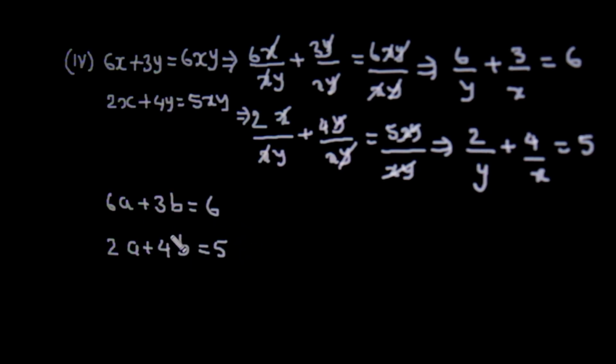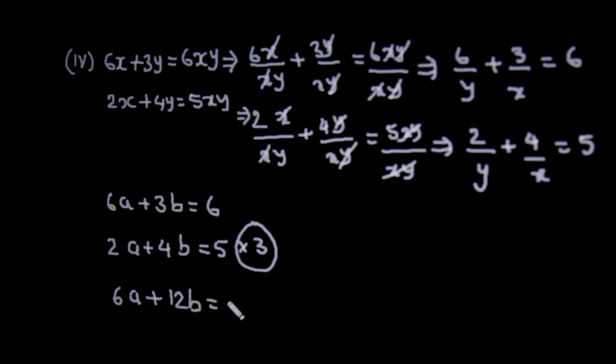That is not the end of the problem. You have to find the values of x and y. If you want to solve these two, multiply this equation with 3. Then, if you multiply it by 3, 3 twos are 6 here, this is also 6 here. Therefore, 6a plus 3 fours, 12b is equal to 3 fives, 15.